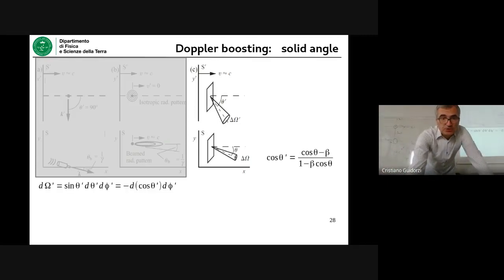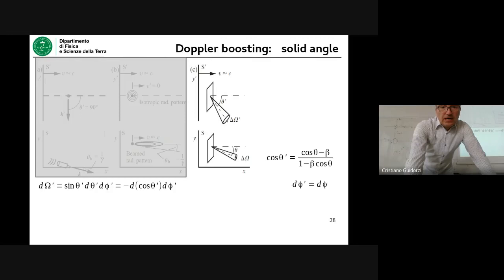How can you do that? Well, let's calculate. Let's express d omega prime as a function of both the polar angle theta prime and the azimuthal angle phi prime. And sine theta prime is just the derivative of minus cos theta prime.